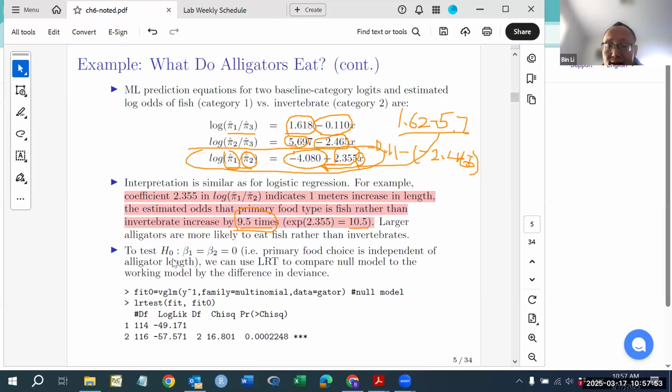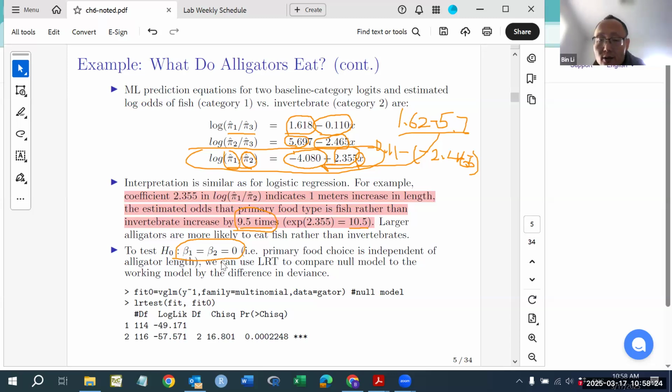So we can also test whether X, the length, is useful or not in terms of predicting the primary food choice. In other words, if it's useless, if the size of the alligator is irrelevant to the primary food choice, then beta 1, beta 2 will be equal to 0.